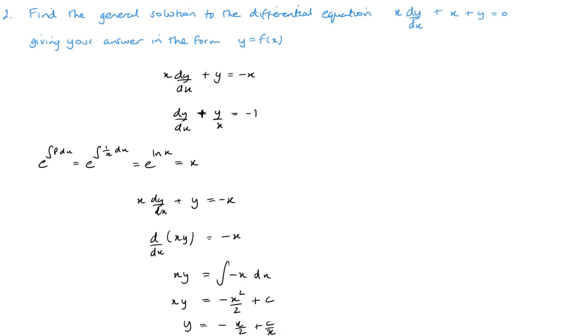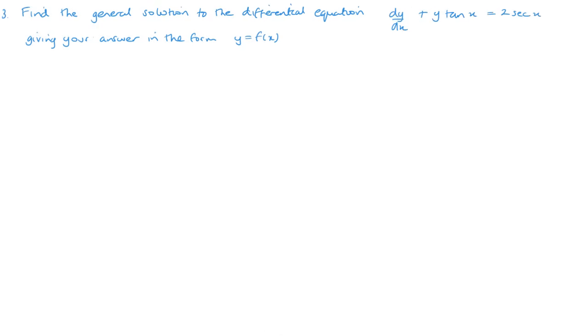Let's have a look at number 3. So it's already in the correct form, so we can find the integrating factor. So p in this case is going to be tan x.